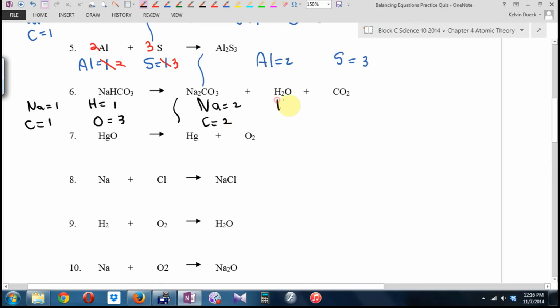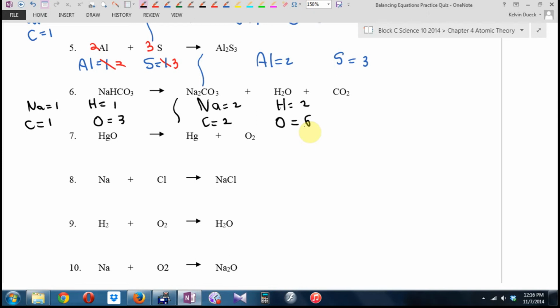How many H's do I have? 2. And how many O's do I have? 5, 6. 6? Okay, at least everything kind of looks like nice numbers. If I had 5 O's, I would have been going, ugh. By the way, you may notice if you have prime numbers, it's tougher to make these work because fewer numbers go into primes. All right, what should I start with?